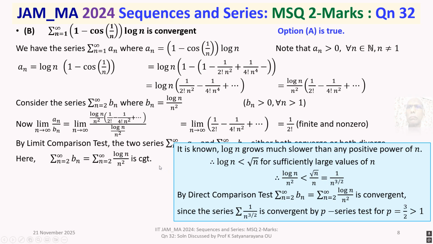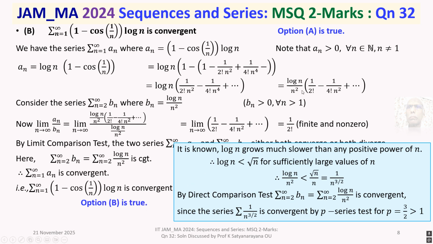So thus sigma log n by n square is convergent. Right. Therefore by comparison test sigma an is also convergent. That means option B is true. Option B is true.